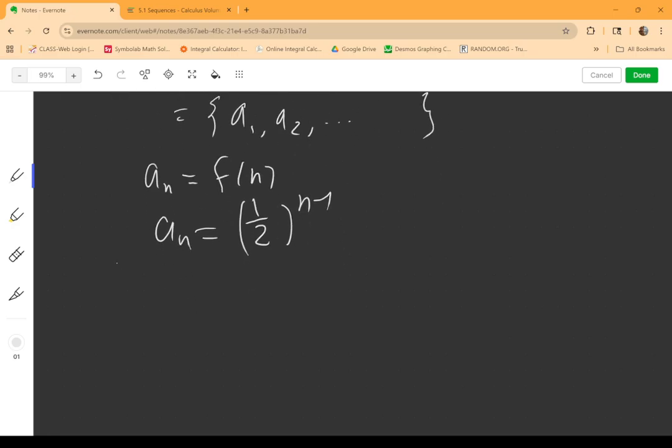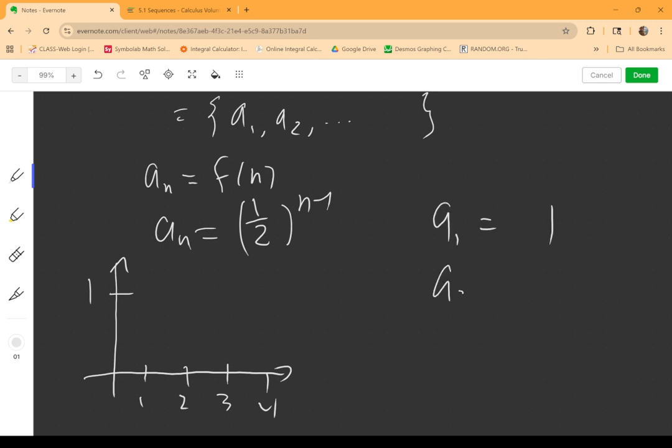We can think of plotting the points here. a1 is 1, a2, plugging it in, is 1/2, a3 is 1/4, and a4 is 1/8.